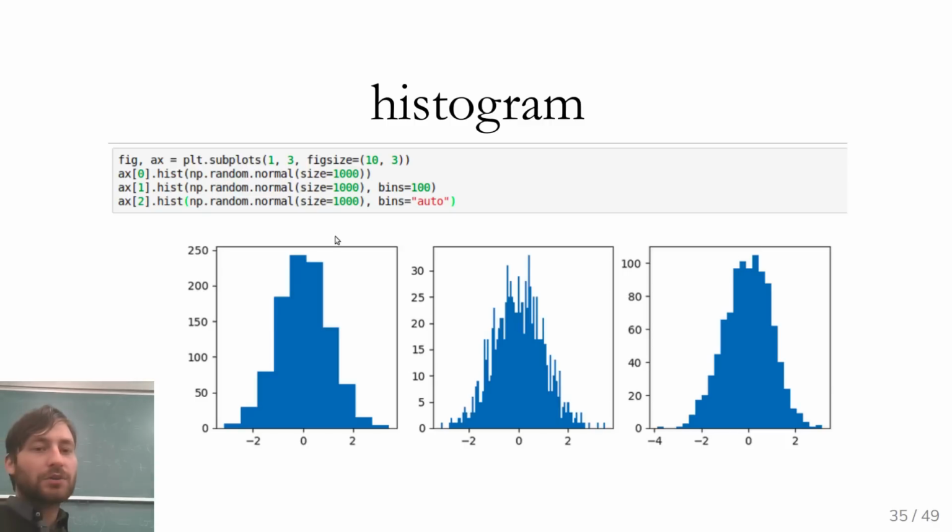So there's an auto option, and the auto option tries to figure out, there's actually several different algorithms that are implemented to automatically figure out what is a good bin size, and if you're lazy, just use that. Otherwise, play around with what looks good. But usually the default, if the default is still 10, it's usually too coarse.